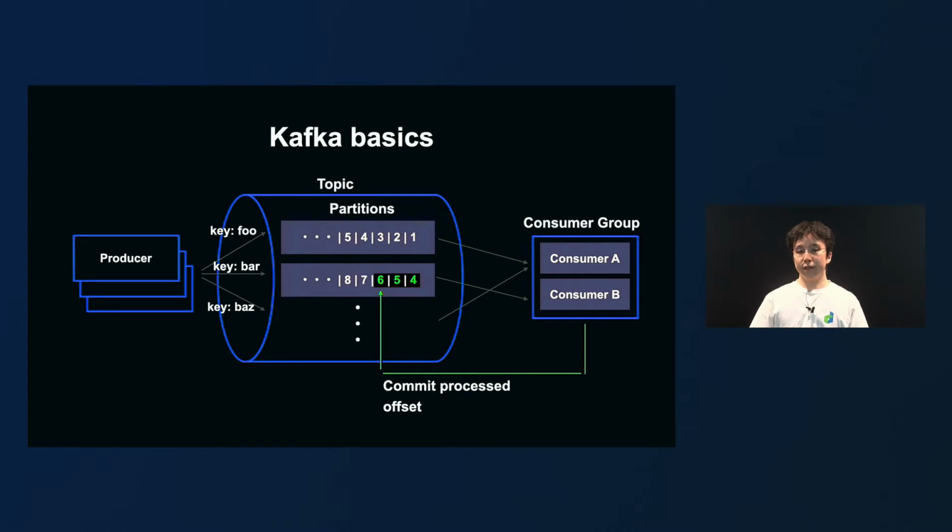By doing this, each partition behaves as a message queue. The consumer commits the processed offset to Kafka, and when the consumer restarts or crashes, it resumes processing from the committed offset.